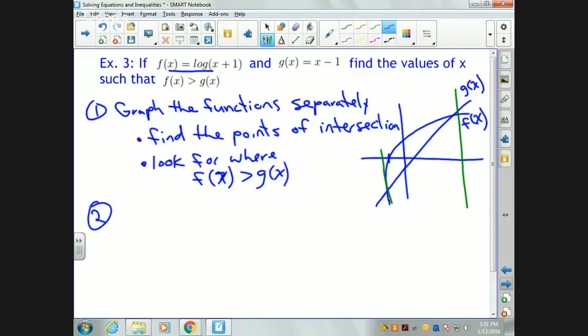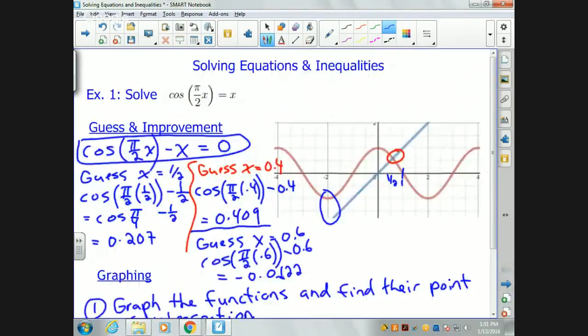The second way that we can do it, again by graphing, is sort of like what we did in example number 1. We took these two functions and turned them into one function and looked for the zeros.